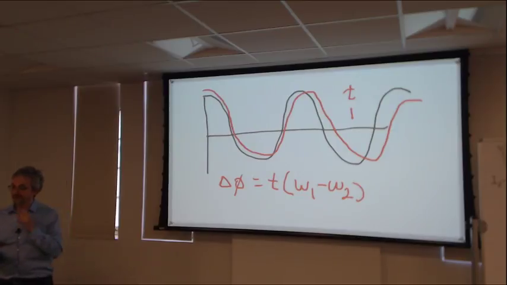If the frequency difference between them is large, then I don't need to sample very long to tell them apart; they get out of phase with respect to each other. If I only sample here, there's not enough time to accrue a phase difference, and I won't be able to tell them apart.